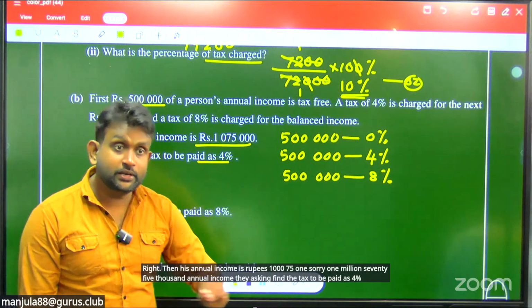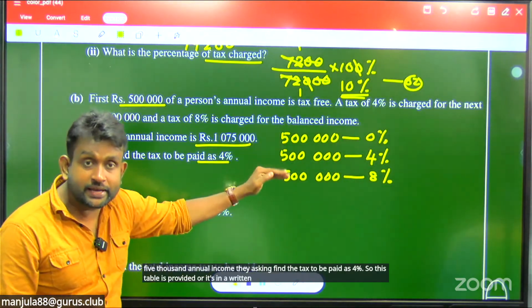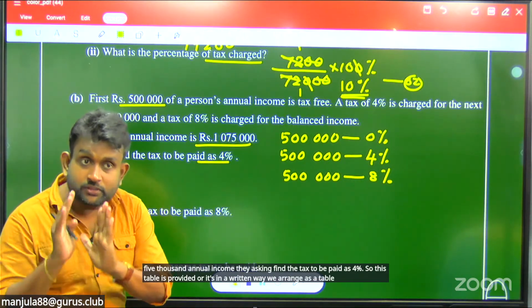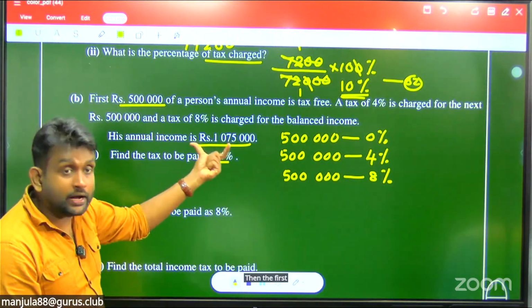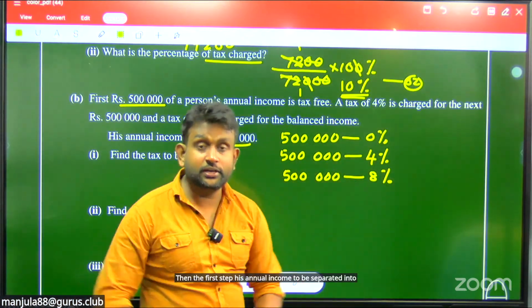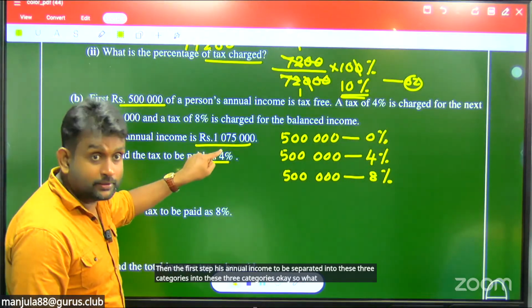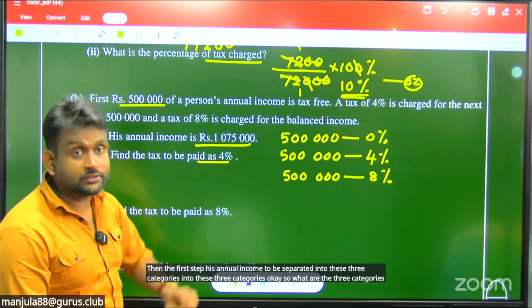So this table is provided, or it is given in written form and we arrange it as a table. Then the first step is to separate his annual income into these three categories. So what are the three categories? 1,075,000.